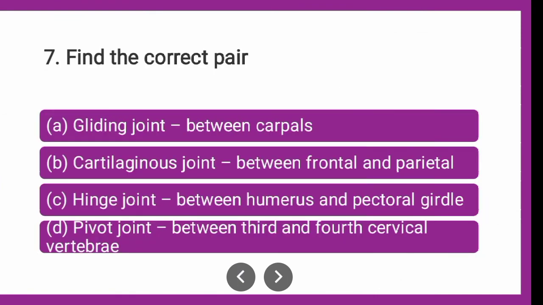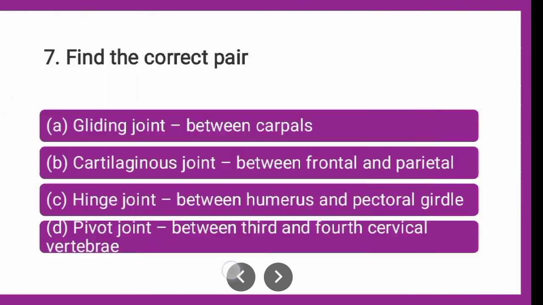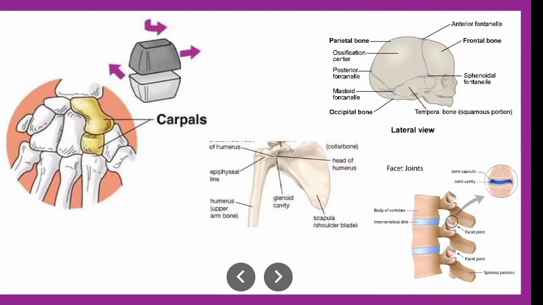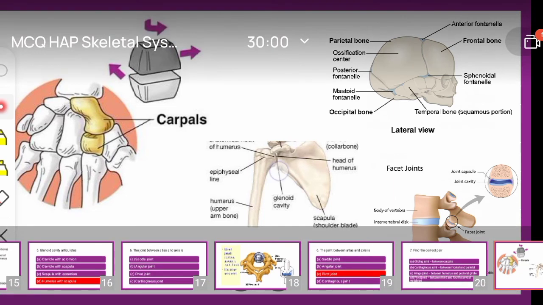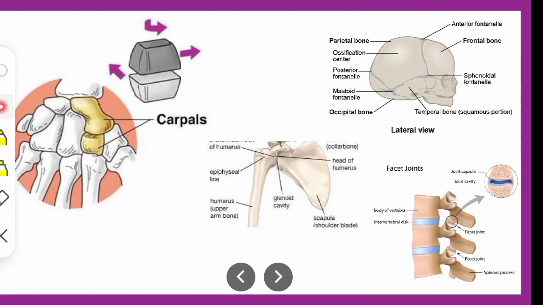Then next question is hinge joint between the humerus and the pectoral girdle. This is the humerus and this is the scapula. The joint which is present between them, whether it is hinge joint? No, not at all, because it's a door like movement. Then next option is it is pivot joint between the third and the fourth cervical vertebrae.